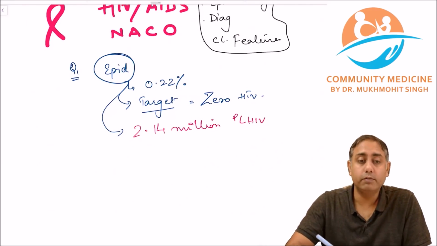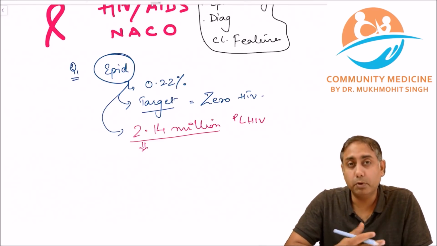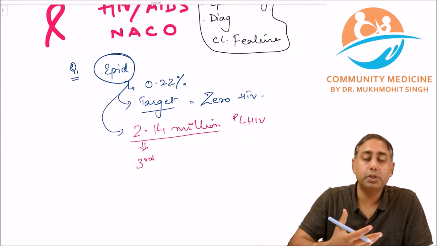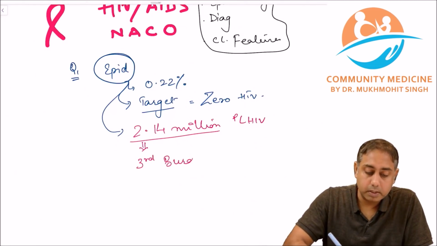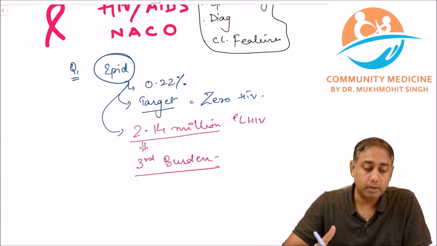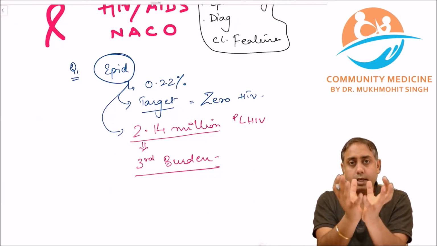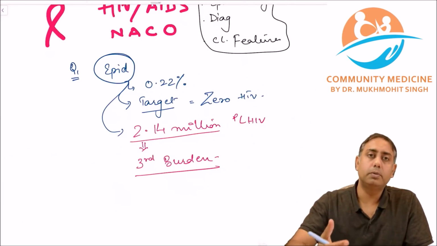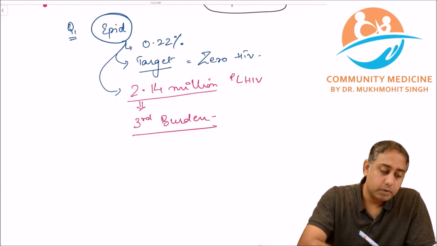This 2.14 million boils down to India being the third largest burden sharing country for HIV. So of course, if you see the totality of HIV people, India does contribute a major share in having this HIV.